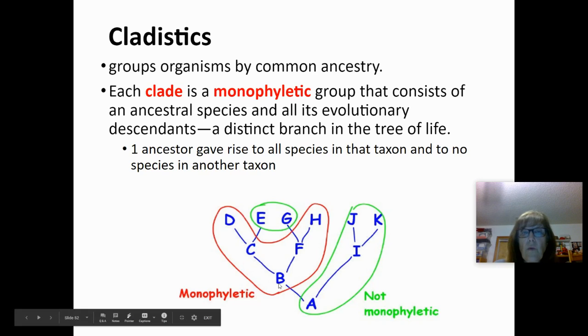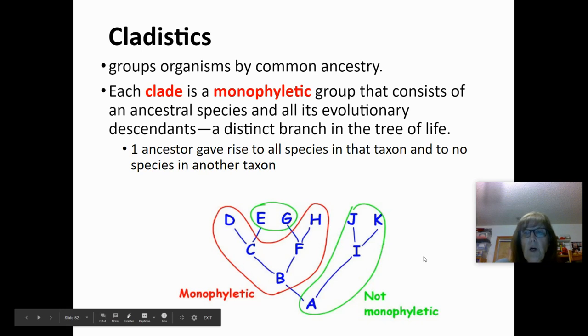In this case, we have basically one ancestor that gives rise to everybody. But in this case, this ancestor gives rise to this, and there's this divergence here. And then this ancestor here gives rise to this ancestor, but here's our divergence, okay?